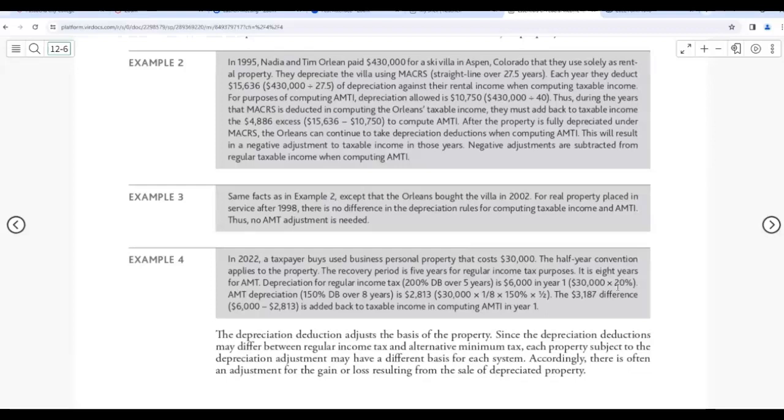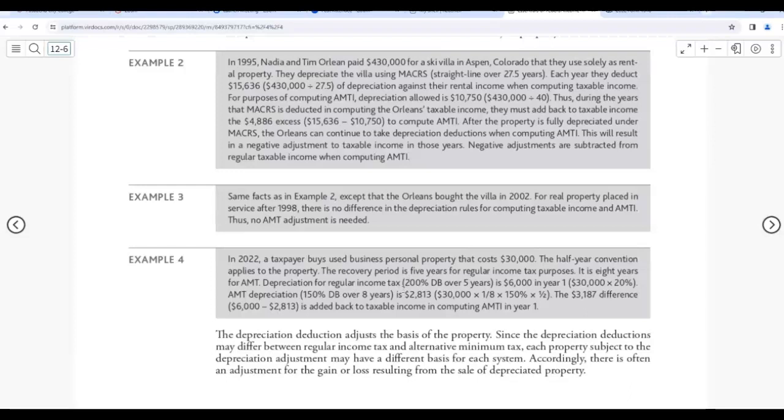If it was not the half-year convention, it would be what? 40%. How do you know it's 40%? Very easy. 100% of your property divided by 5 years life is 20%. 20% times double declining, which is 200%.